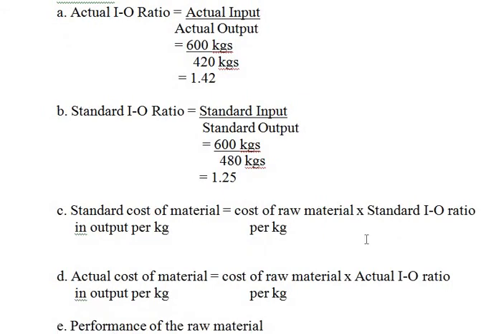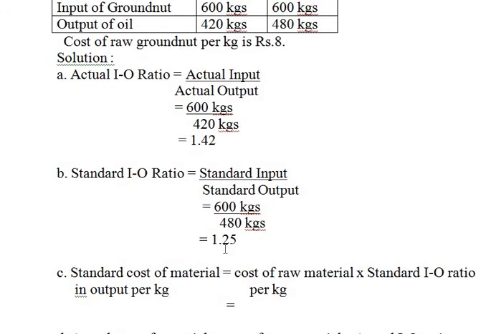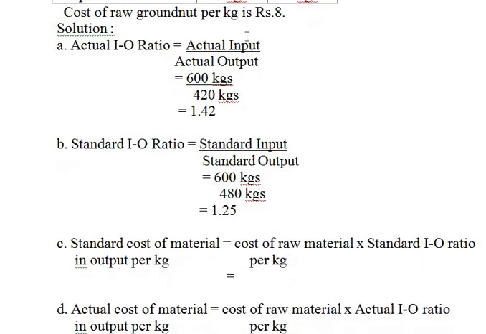Now third point is standard raw material cost of finished output. We need to find out. So standard cost of material in output per kg is equals to cost of raw material per kg into standard IO ratio. Write down the formula. Cost of raw groundnut per kg is rupees 8, which is already given in the problem.